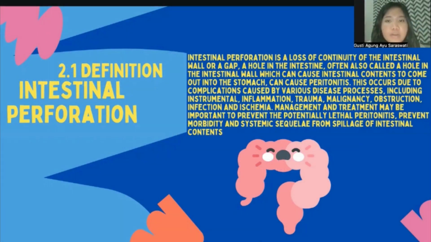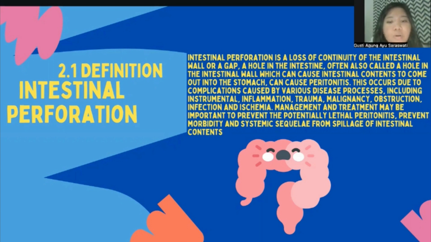Hello, my name is Gusti Agung Saraswati. My last digits are 056. Now I will explain about the definition of intestinal perforation. Intestinal perforation is a loss of continuity of the intestinal wall, or a gap, a hole in the intestine, often also called a hole in the intestinal wall, which can cause intestinal contents to come out into the abdomen, and can cause peritonitis.